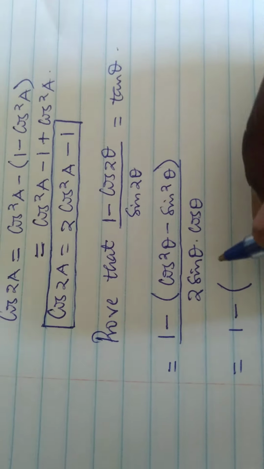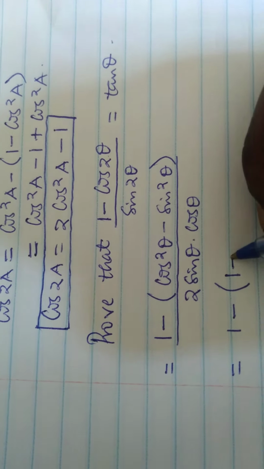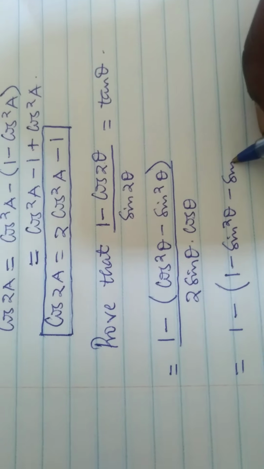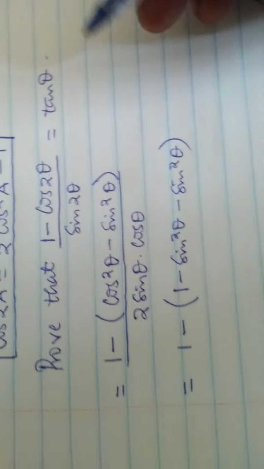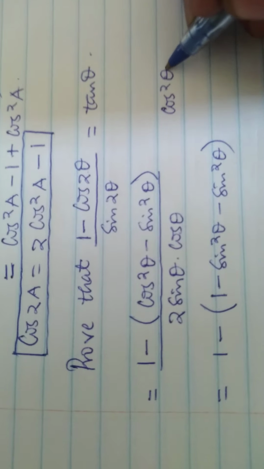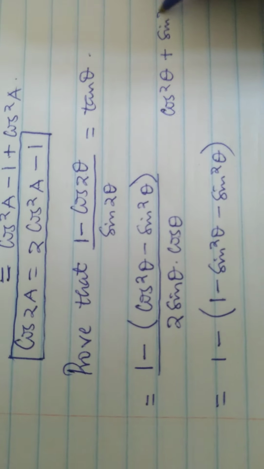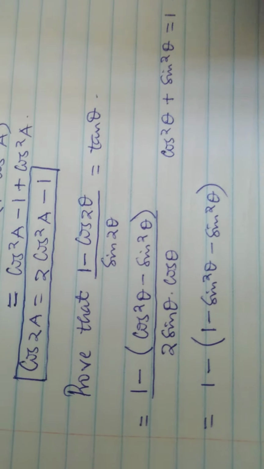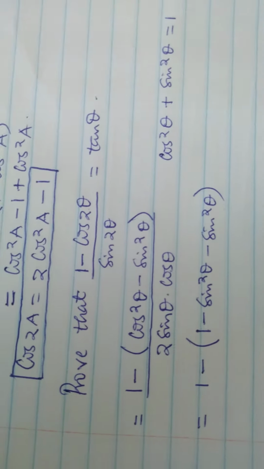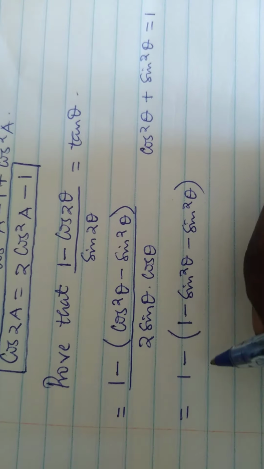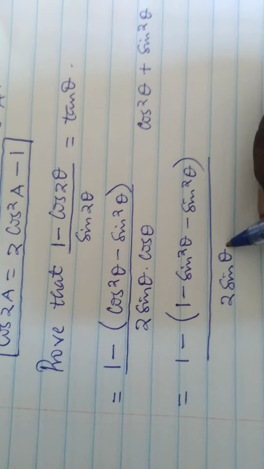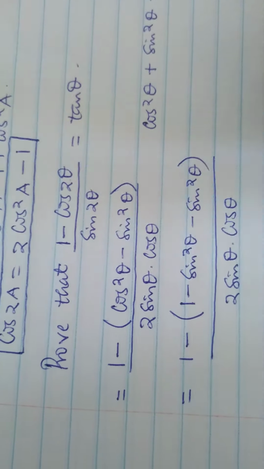So cos squared theta is the same as 1 minus sine squared theta, again minus the sine squared theta. So from the other identity, cos squared theta plus sine squared theta is equal to 1. So when you make cos squared the subject, you have 1 minus, which is this, substitute here. So all of 2 sine theta cos of theta.